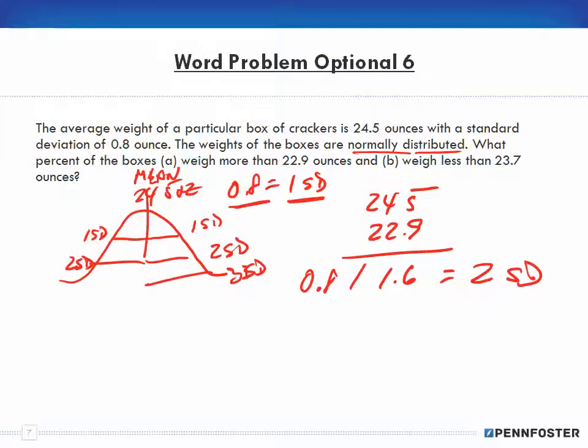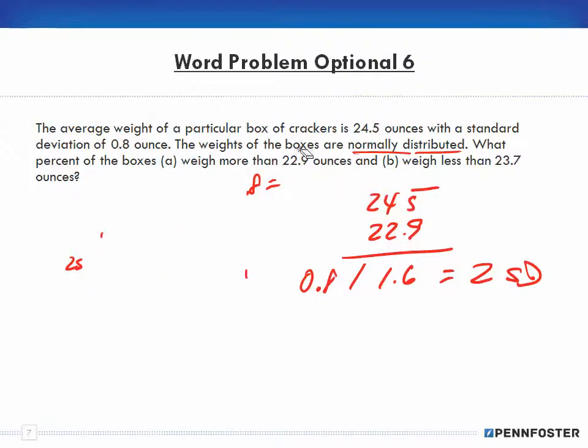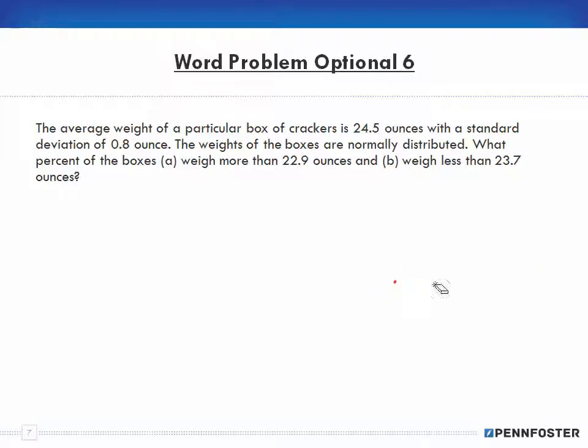All right, so where were we at? Let me erase some of this here and just quickly go back over it. We know it's normally distributed, and we know that the average weight, the mean, is 24.5 ounces. And we want to know how many weigh more than 22.9.